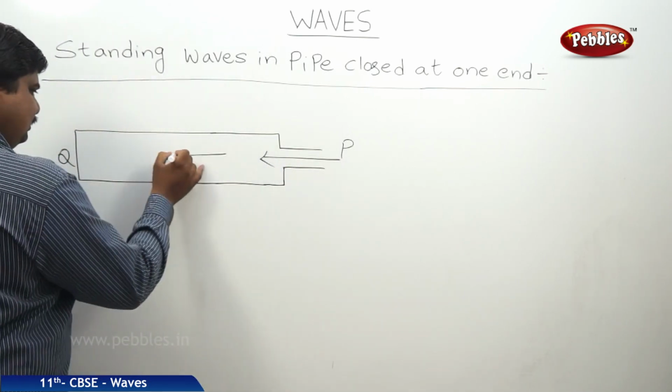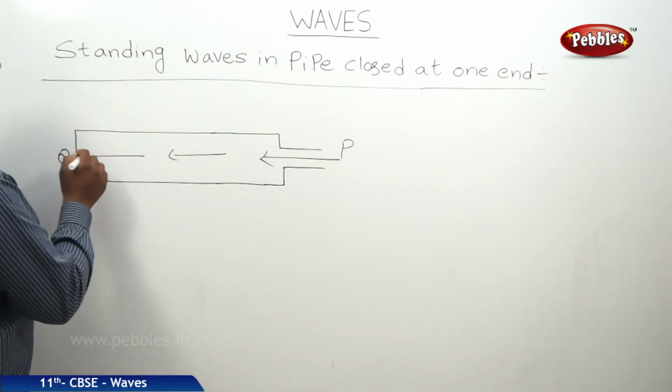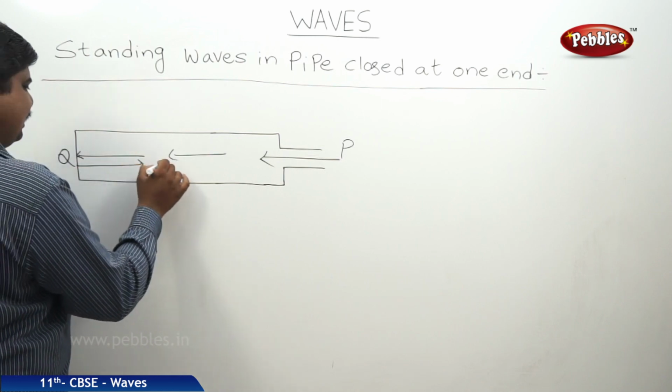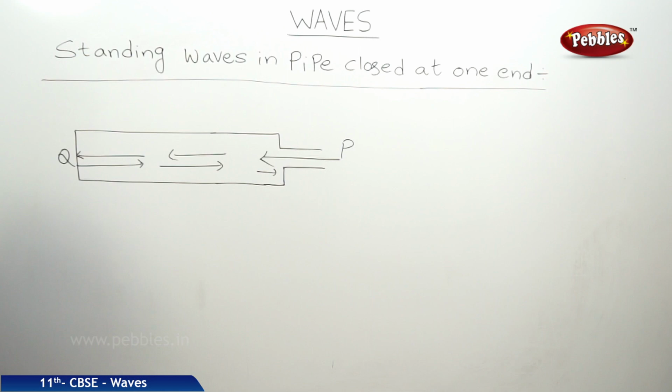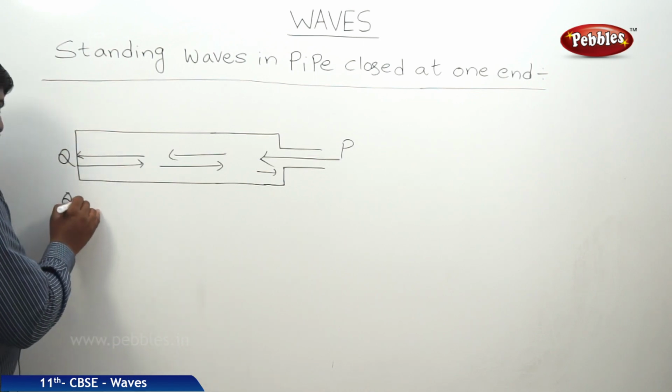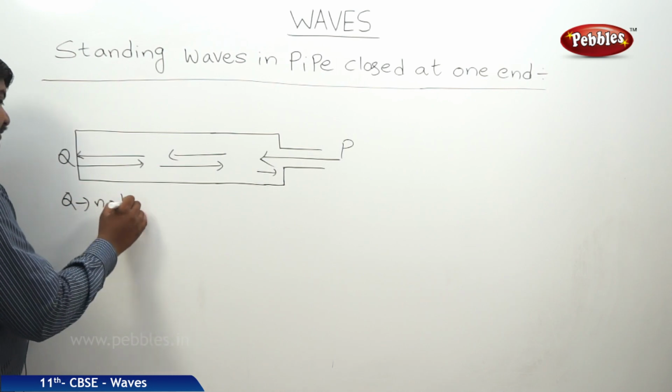It will travel, and at end Q it is reflected back. So here the incident wave and reflected wave are both overlapping on each other. That's why here the intensities are going to cancel. This amplitude will become 0. That's why at Q we can expect a node point.